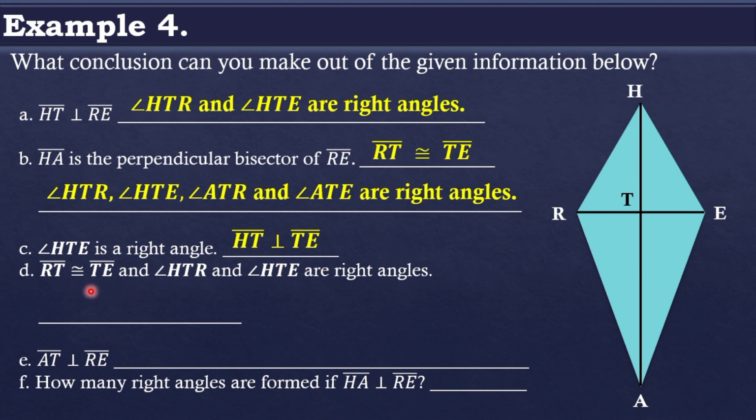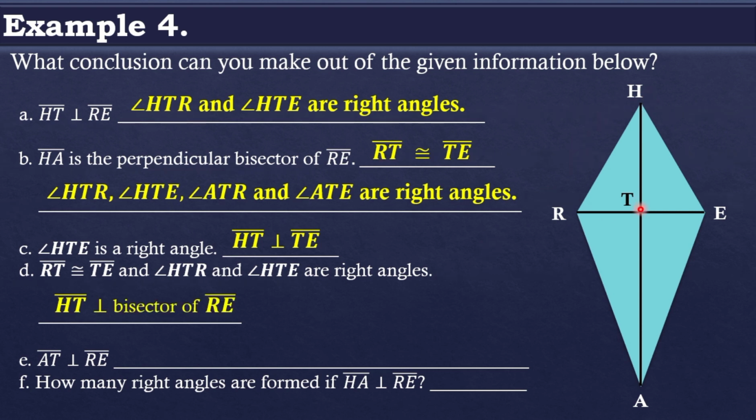Next. So, dito, ang given natin, RT is congruent to segment TE. So, since meron tayong congruent segments, automatic, perpendicular bisector ito. And then, si HTR daw and HTE are right angles. So, ano ang conclusion natin?